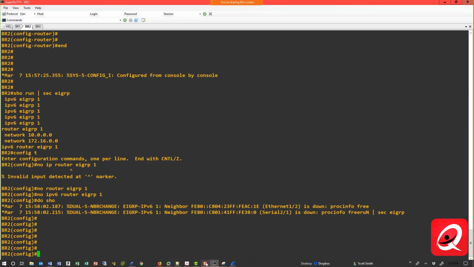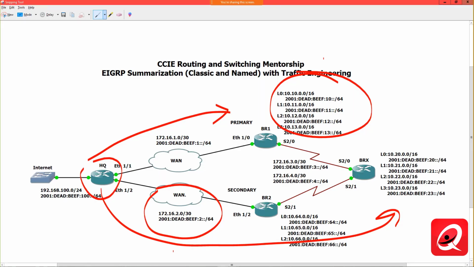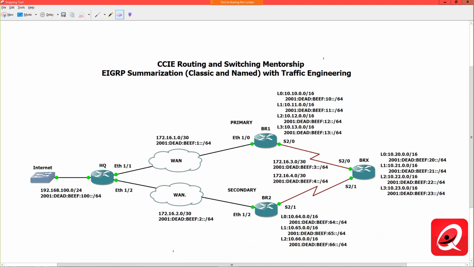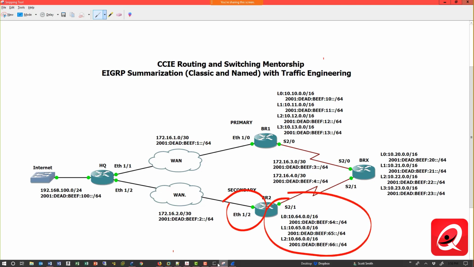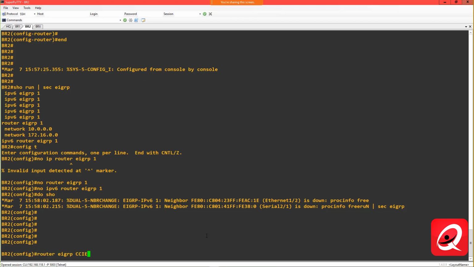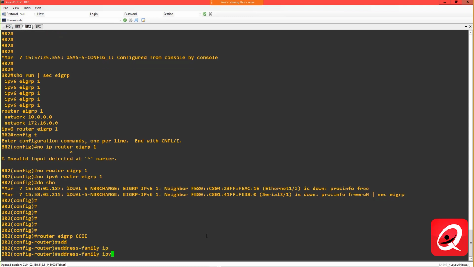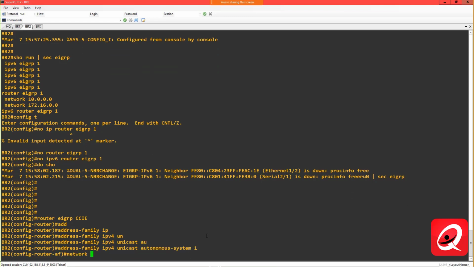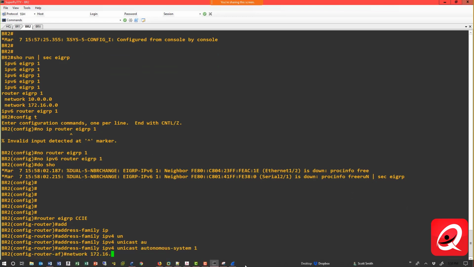So we're going to go ahead and enable EIGRP for named mode in this case. All right. So we need to enable it for this interface here as well as these interfaces there. We're going to use the same autonomous system number, and we'll just do router EIGRP CCIE and address family IPv4 unicast autonomous system number 1, network 172.16.0.0.